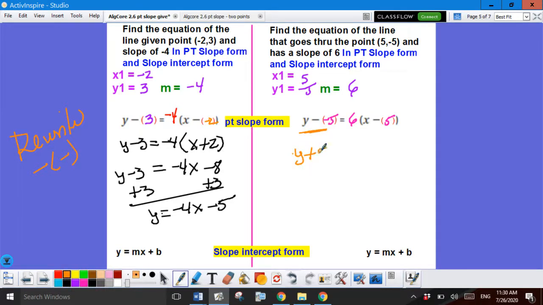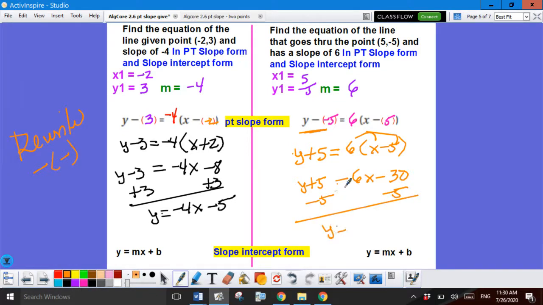So y plus 5, and this side is fine. So distribute, 6x minus 30. And move my 5. So y equals 6x minus 35. And I am done. That is slope-intercept form.